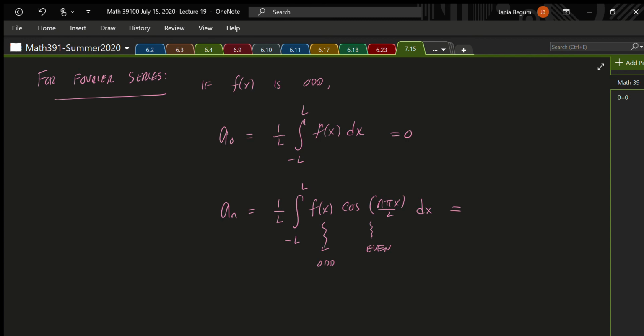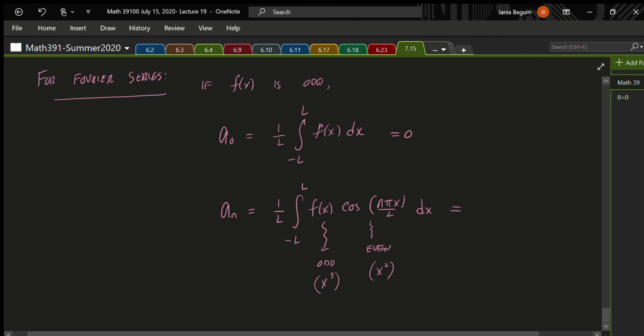So think of it this way. Take x cubed, that's an odd function, and an even function, x squared. If you multiply them, what happens? It's odd, right? So you get the integral from negative L to L of an odd function. So now you're integrating an odd function on a symmetric interval.